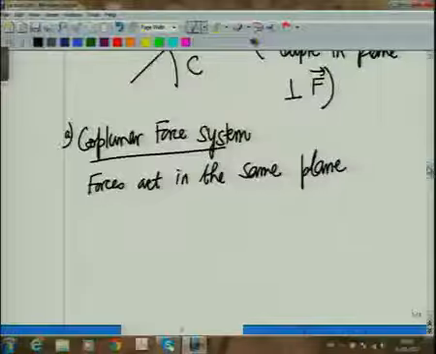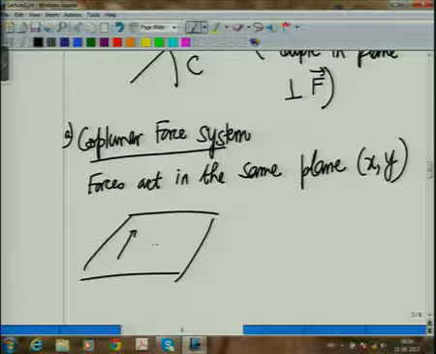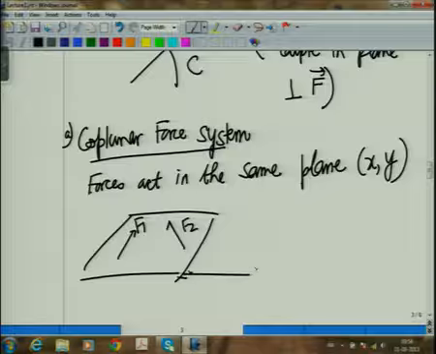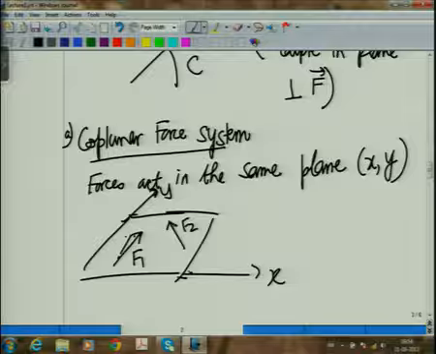In a coplanar force system, forces act in the same plane. That means we have a plane. Let us say, let's call this plane the XY plane. I have forces F1, F2, F3. They could have any orientation, but they are all along the XY plane.